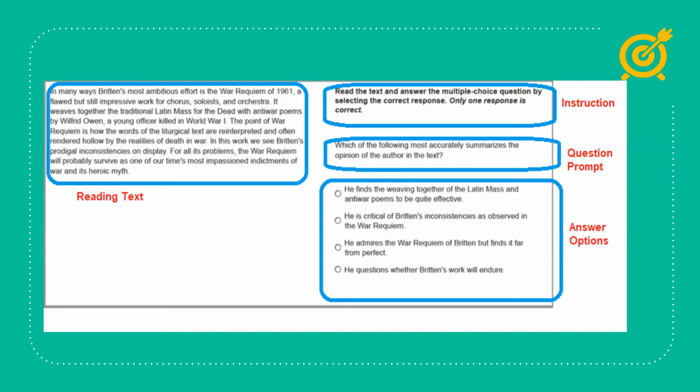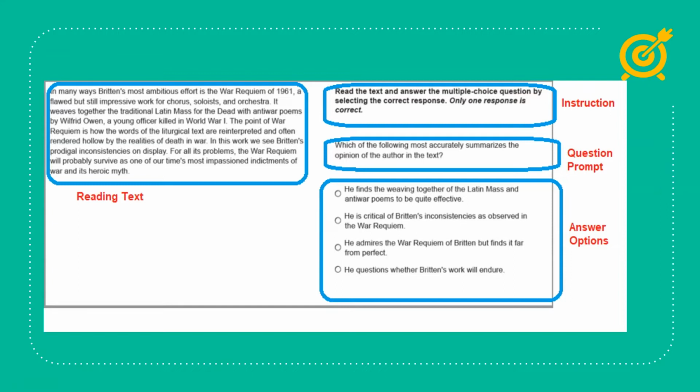It is very important that you read the question prompt carefully to understand what type of question has been asked. For example, in the actual exam, you might be asked for a specific detail, or you might be asked for the author's opinion or attitude or what he feels.